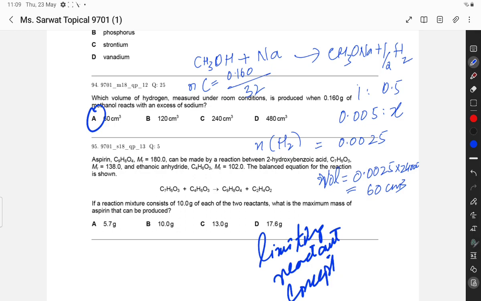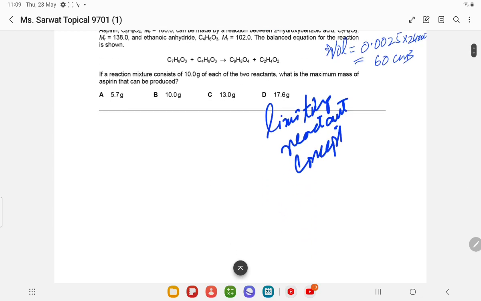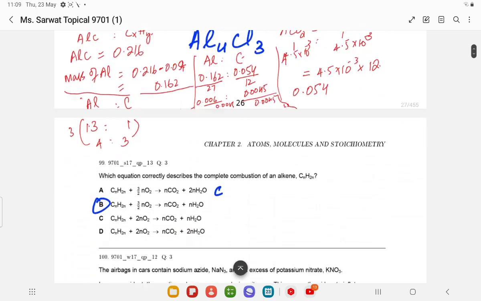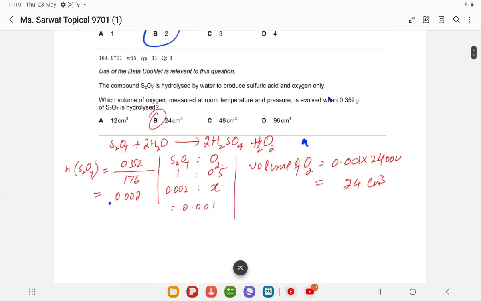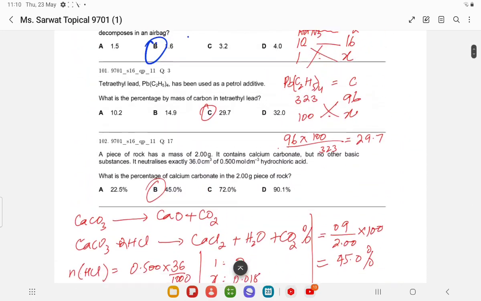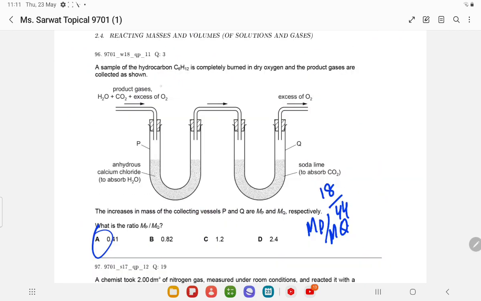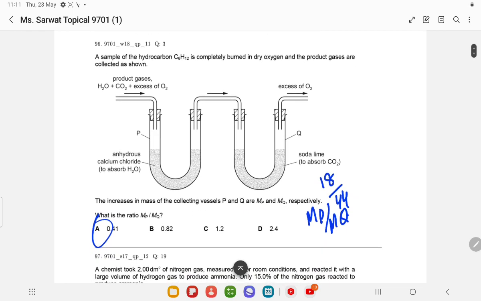So next question. A sample of hydrocarbon C6H12 is completely burnt in dry oxygen and the product gases are collected as shown: water plus carbon dioxide plus excess oxygen. The increases in mass of the collecting vessels P and Q are MP and MQ.